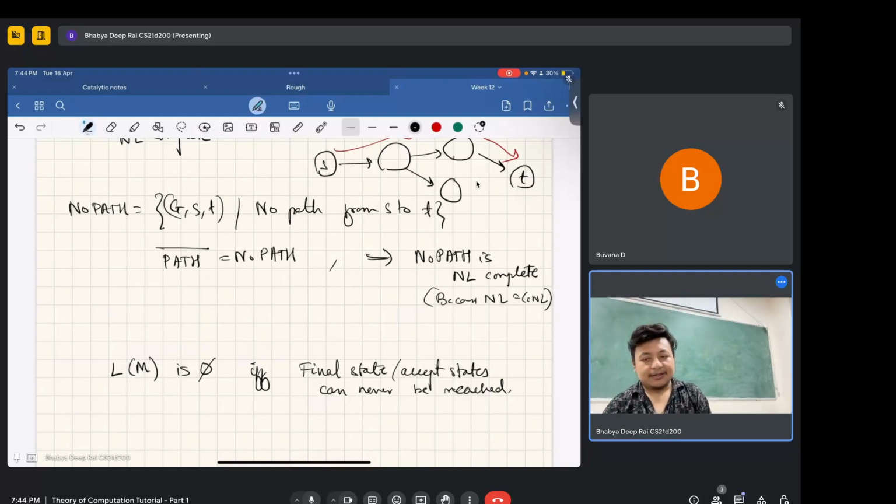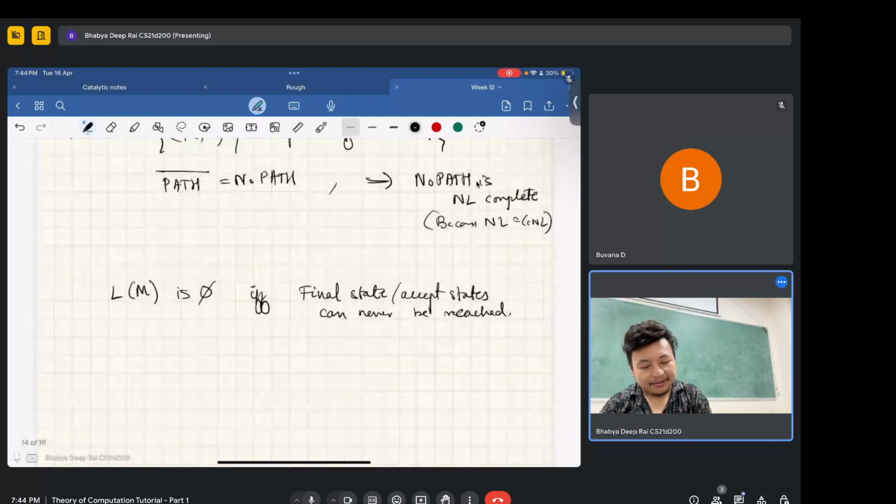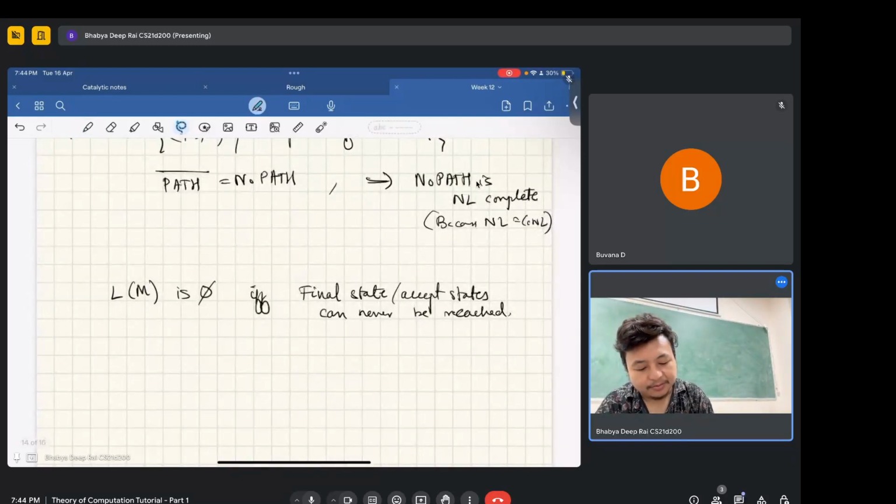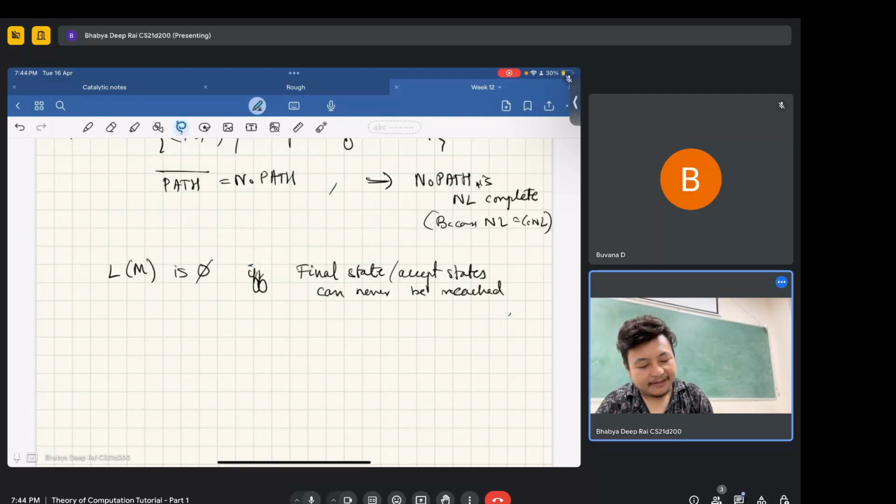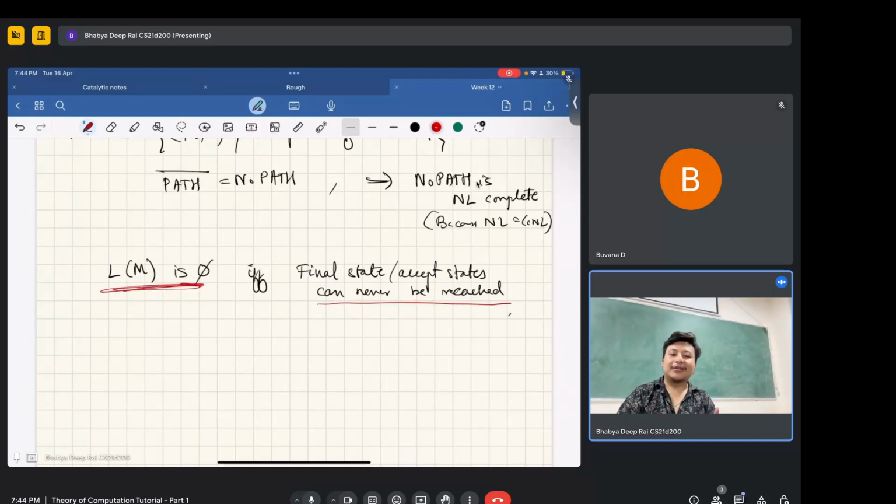Now we are finally ready to finish the proof. Here is the observation we made: if the language is empty, then the final state can never be reached. Compare it with no path. No path means that T, the target vertex, is never reached, and here the final state is never reached, so it's the same thing.